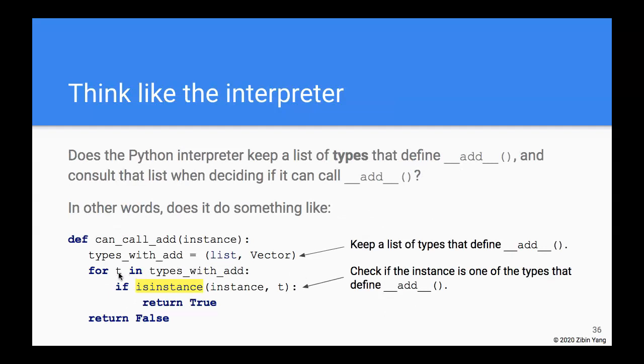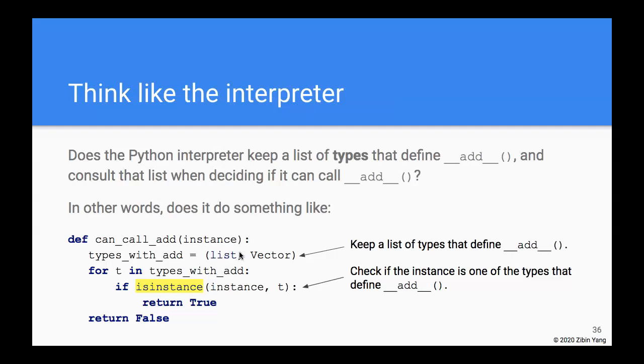So, we are going to iterate through each of the elements in this list. Well, this is actually a tuple. In any case, we go through all the types in this tuple, and we check whether the given instance or object is an instance of a type in this list.